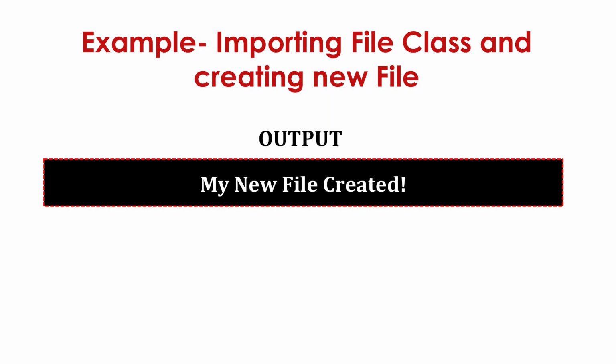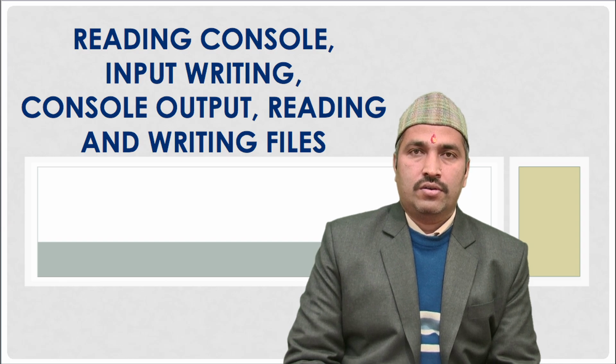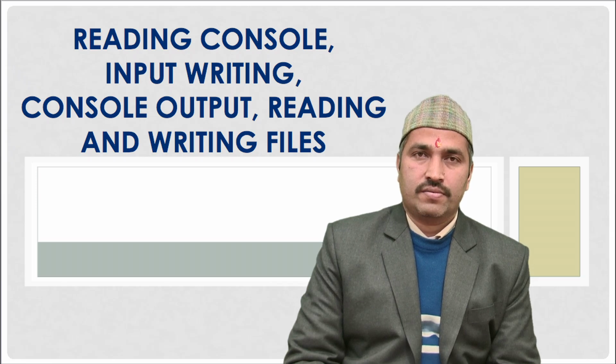Look at the example; its output is displayed over here, my new file created. So that was the model example to show how to use a File class instance to create new files.